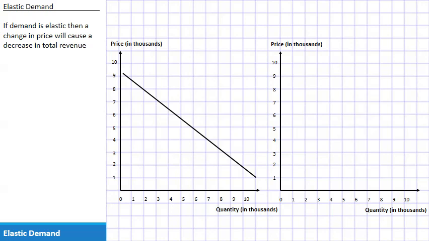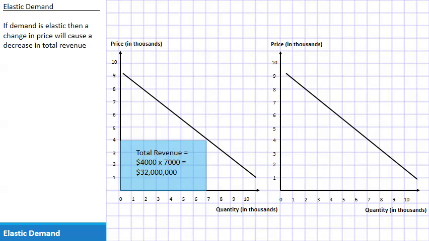One of the easy ways for you to tell if a line is going to be elastic or inelastic is looking at the slope of it. So we take this box here. At this point, $4,000 times 7,000 quantity gives us $32 million in total revenue. Now, if we come over here and we increase that, we've increased our price from $4,000 to $6,000. At $6,000, we only sell 4,300, which gives us a total revenue of 25.8 million.